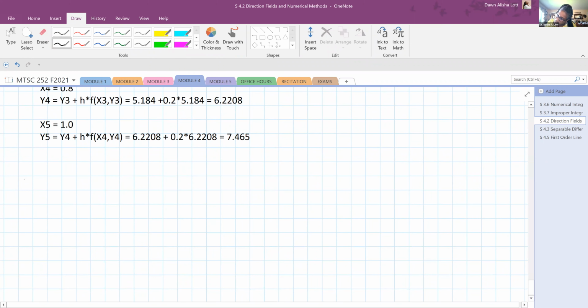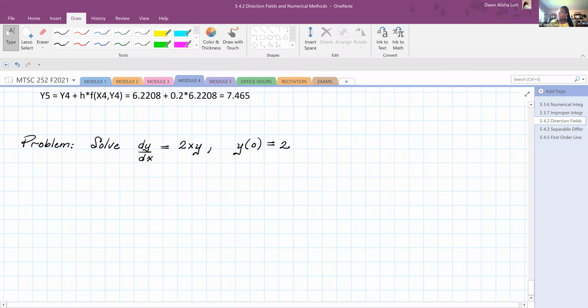So here's the problem. Solve dy/dx is 2xy, y at 0 equals 2.